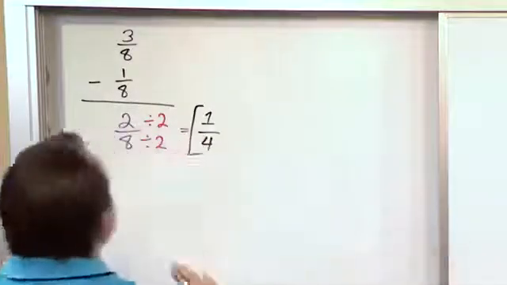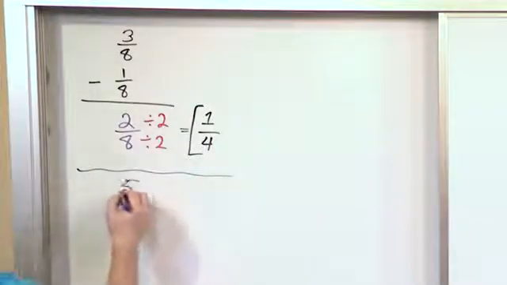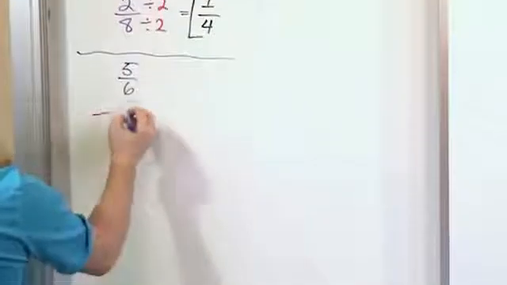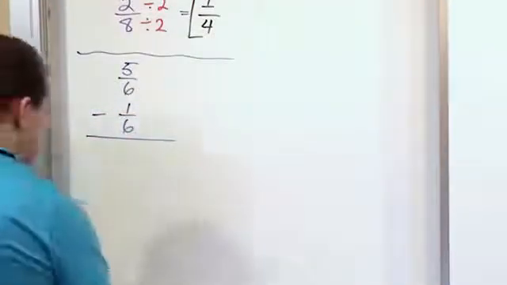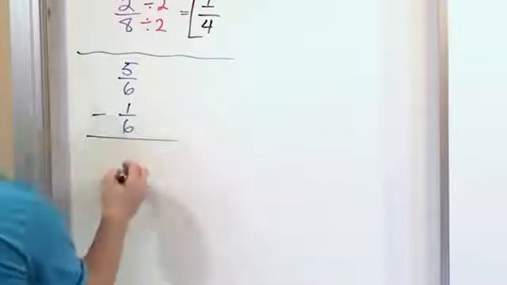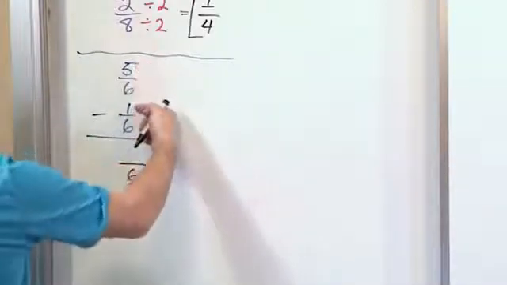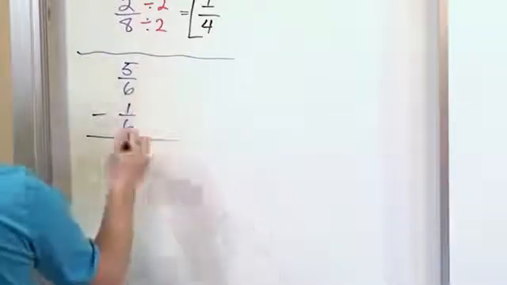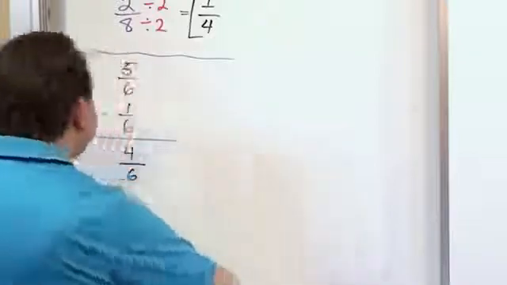All right, so then on the next problem, what if we have 5/6 and we're subtracting from that 1/6? Again, we look and see, do we have a common denominator? In this case, we do. So we just keep it in our answer. And then we look at the numerator, 5 and 1, and we're starting with this, so 5 minus 1 is 4. Now we could circle this, but then we look and see, is this simplified?